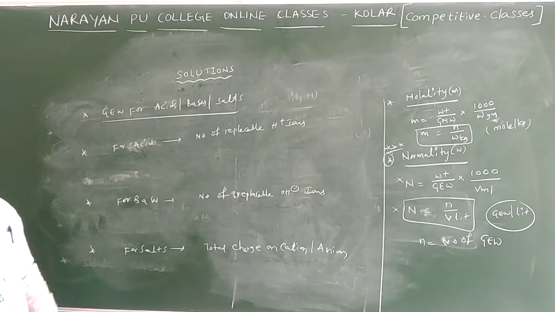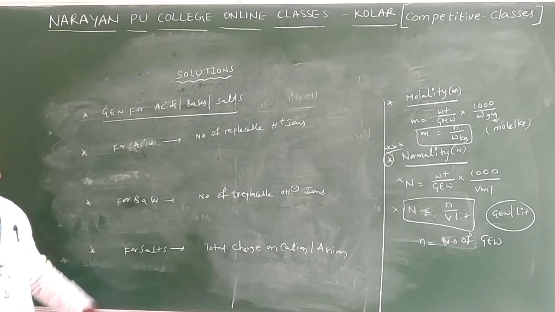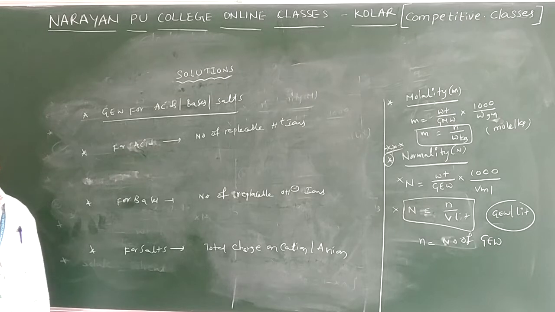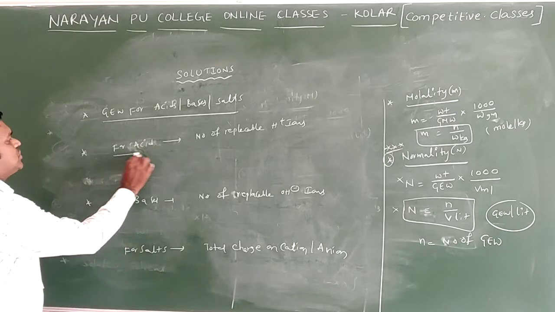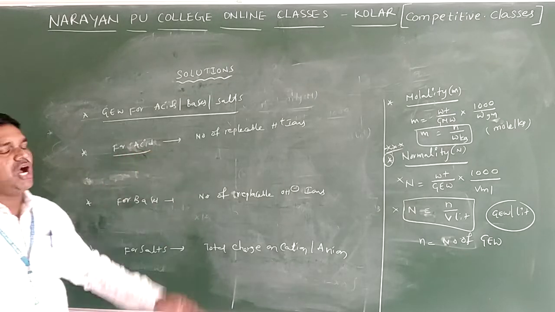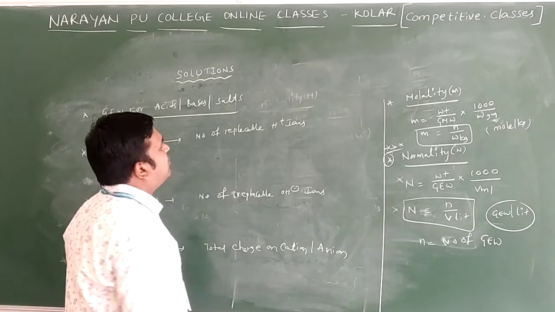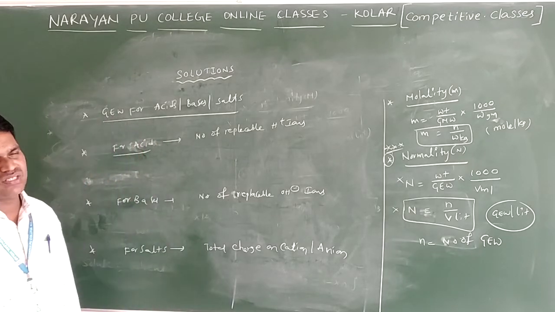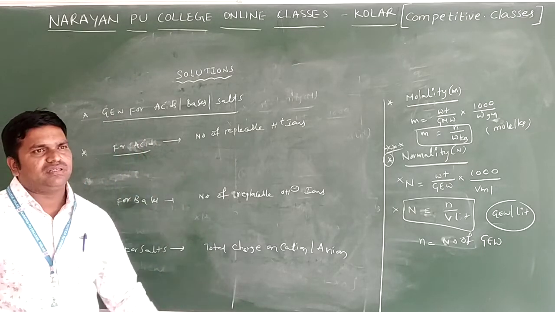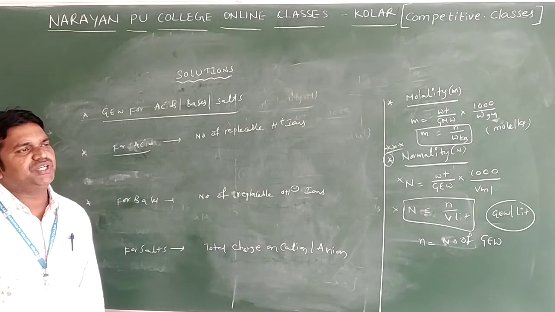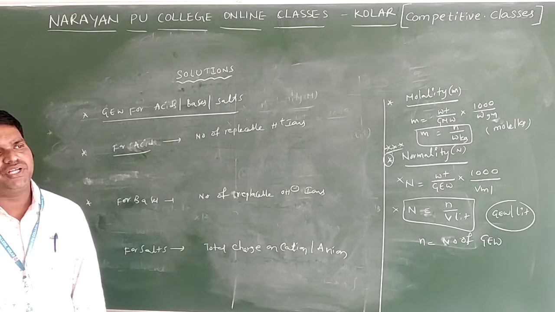Let us see how to identify the gram equivalent weight of acids, bases or salts. Let us take first again acids. For acids we have to identify the number of replaceable H plus ions. That gives some information to identify the gram equivalent weight of the acid.